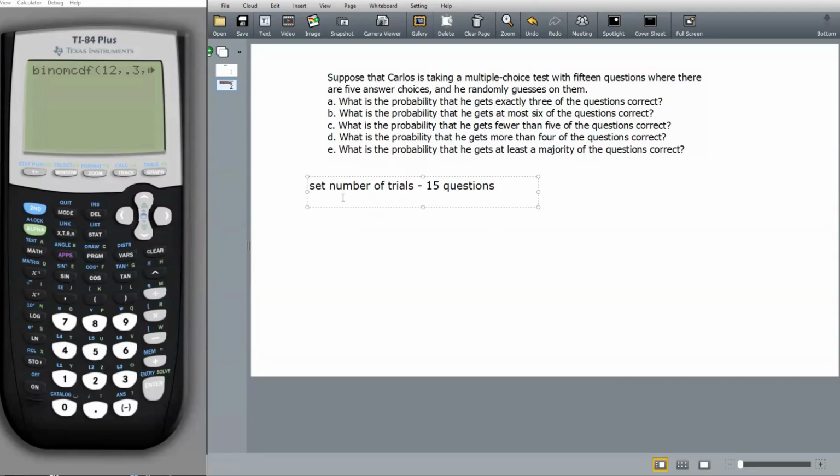Do I have independent trials? Yes, each question on my multiple choice test is independent of the other one. If I answer the first question right, that does not change whether or not my second question is going to be right. And last, do I have only two possible outcomes?